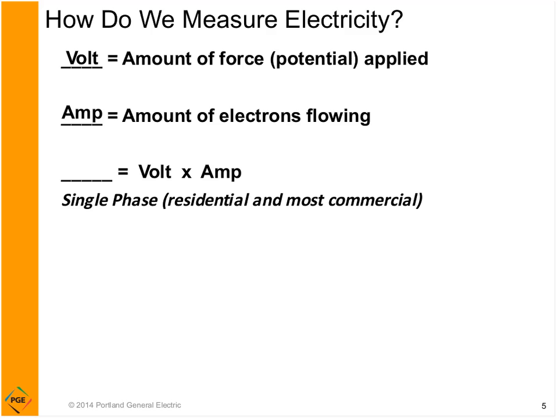If you multiply volts times amps, so a lot of pressure times a lot of amps, you will get the mighty watt. And this is the term that is most important in managing energy costs and your electric bills. For single-phase, residential and most commercial, it's volts times amps equals watts.